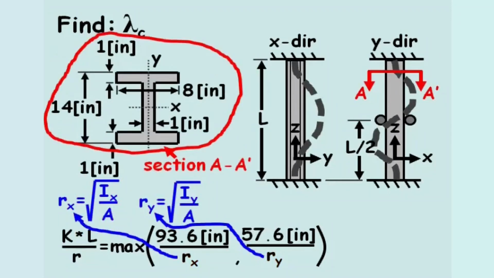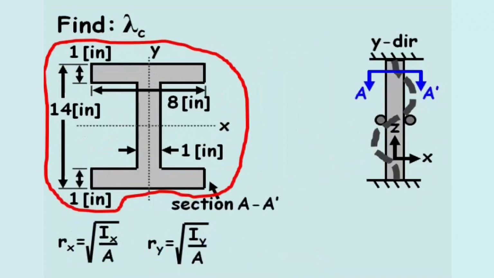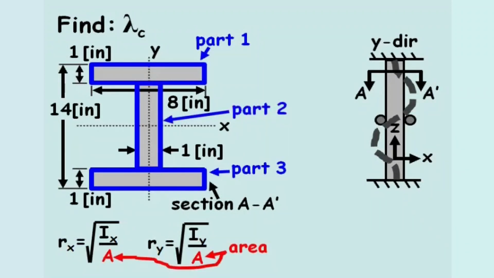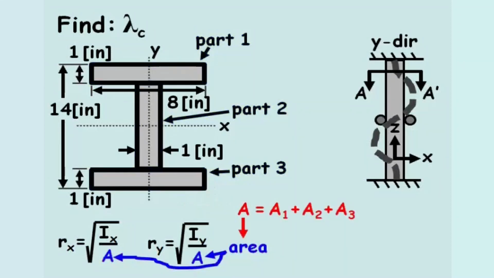Next, we'll return to the given cross-section of the I-beam and increase its size. We'll divide the cross-section into three parts, where parts 1 and 3 refer to the flanges, and part 2 will refer to the web. Now we can calculate the cross-sectional area of the beam, A, by adding the area from each of the three parts.